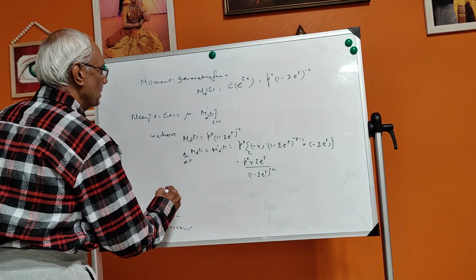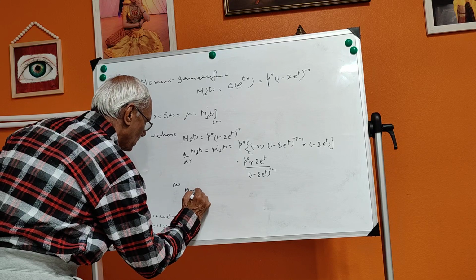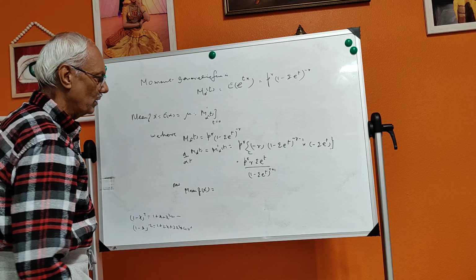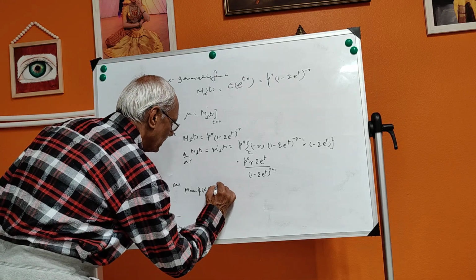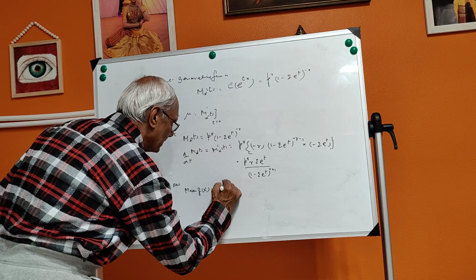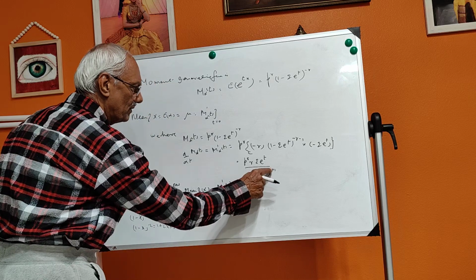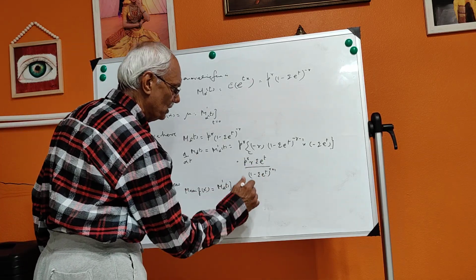Now the mean of x, where x follows the negative binomial distribution, is M'_X(t) when t = 0. So wherever t comes, we put it as 0. e^0 is 1.